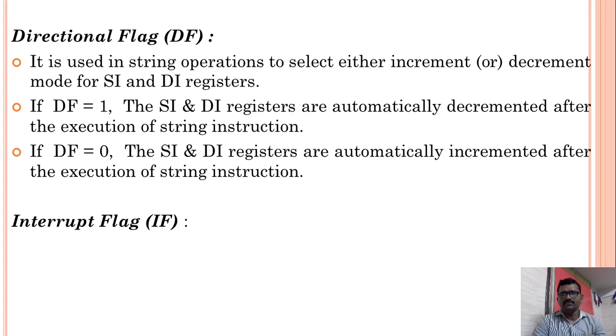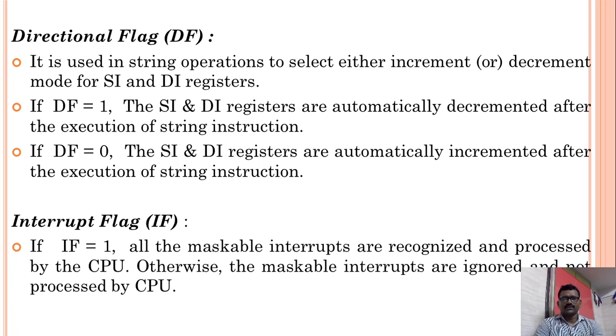For maskable interrupts, the 8086 microprocessor may or may not respond to those interrupt requests. Those maskable interrupts are controlled by this interrupt flag. So if the interrupt flag IF is equal to 1, then the maskable interrupts are recognized and processed by the CPU.